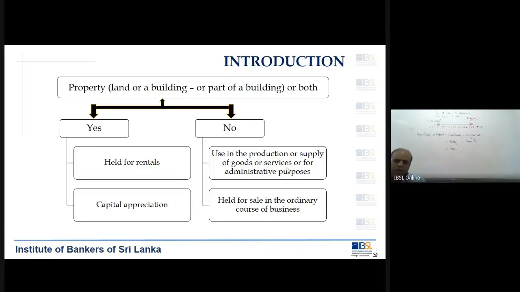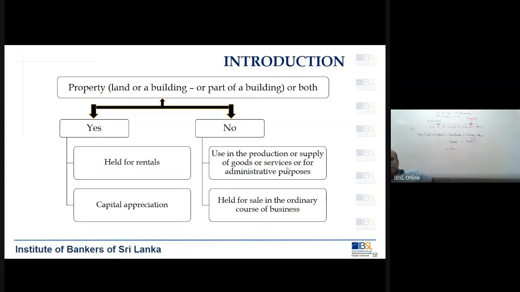Right. So if the land or building or both is an investment property, okay, if the considered property, that is land or building or part of building or both, is an investment property, then that is yes.